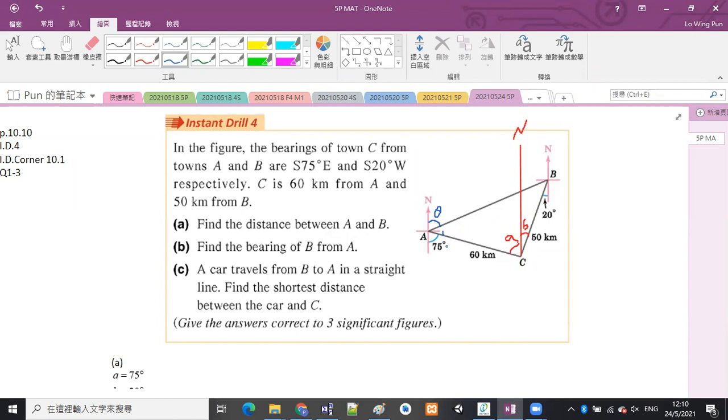So if I want to find theta, I need to find angle BAC. But do we have angle BAC now? No. Okay. So I need to find angle BAC first. But it's actually straightforward because angle BAC belongs to triangle BAC, and now we have all the lengths in triangle BAC.